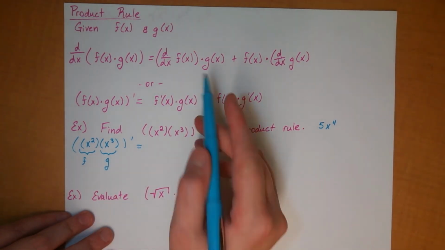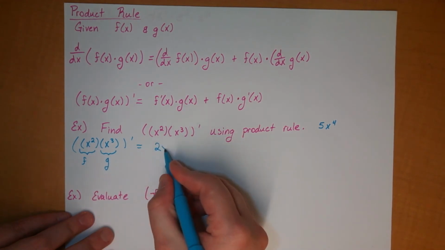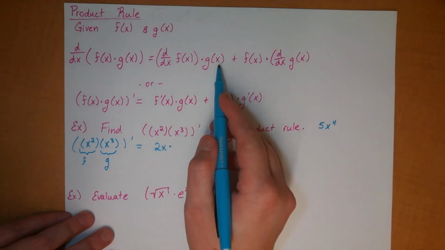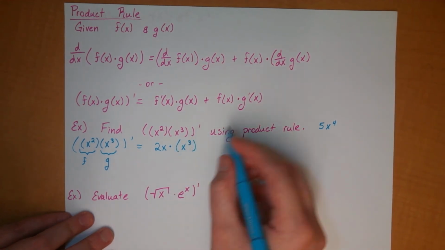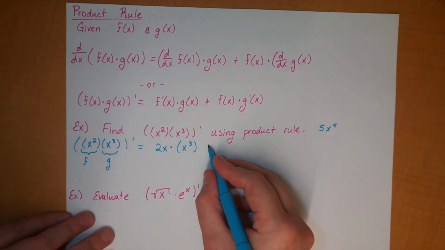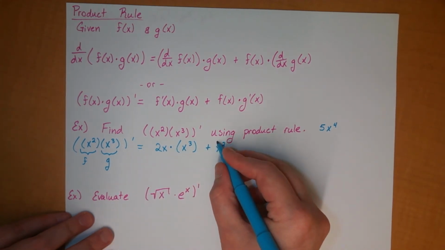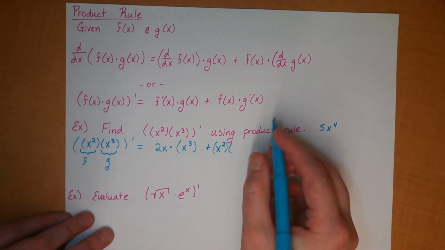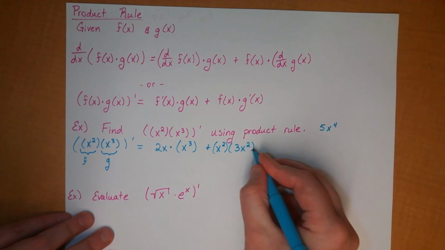So the product rule says that I need to take the derivative of f, which is 2x, and multiply that by g left alone, which is just x to the third. Then I need to add to that my f function left alone times the derivative of my g function, which is going to be 3x squared.